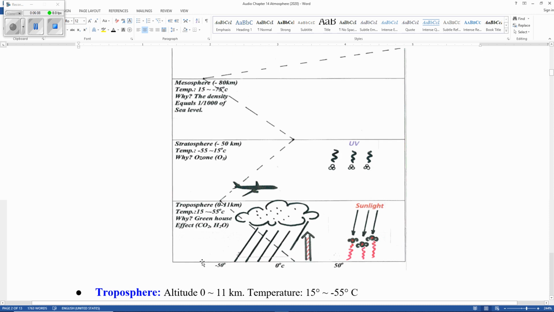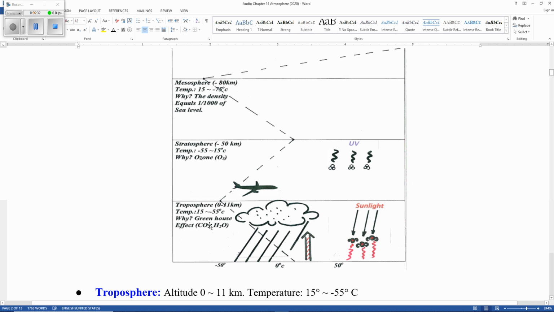Horizontally we use the temperature axis. We choose the middle as 0 degrees Celsius, and then temperature increases: 50, 100. To the left of 0, that's negative 50, negative 100.